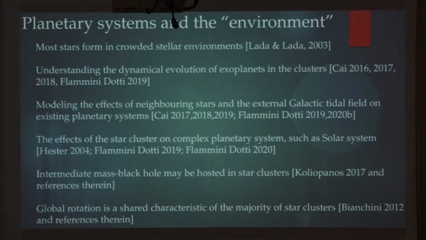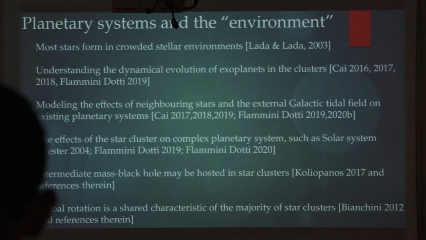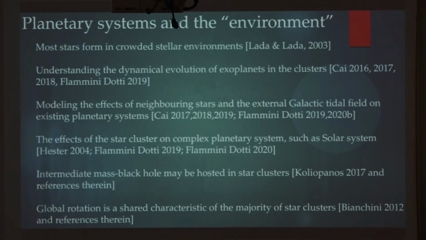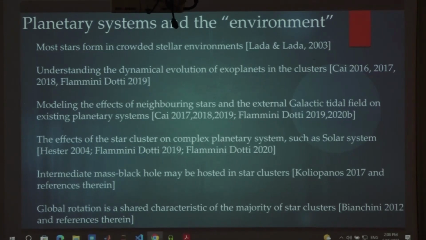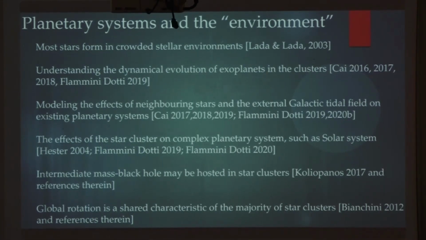So, what does it mean, planetary system and environment? Because we know that most stars probably formed in crowded stellar environments, we tend to say that we also have planetary systems inside of those. Therefore, one of the studies that can be done is to use them to study the dynamical evolution of exoplanets in star clusters.